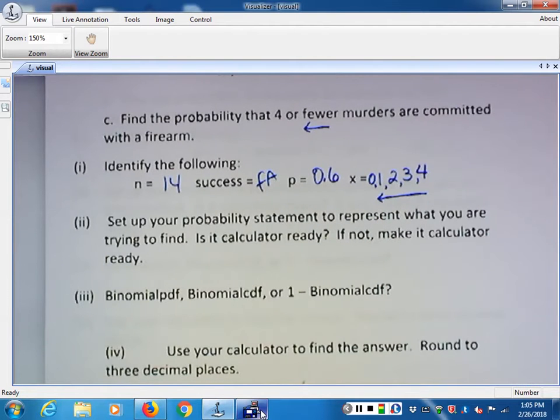The fact that it's going down tells us that that's our CDF statement.